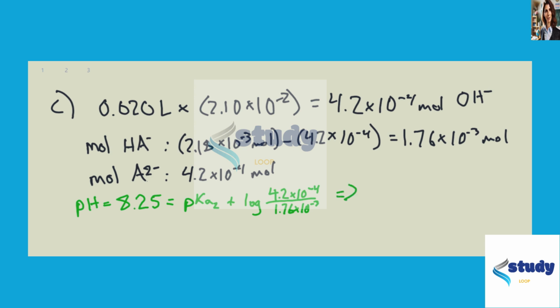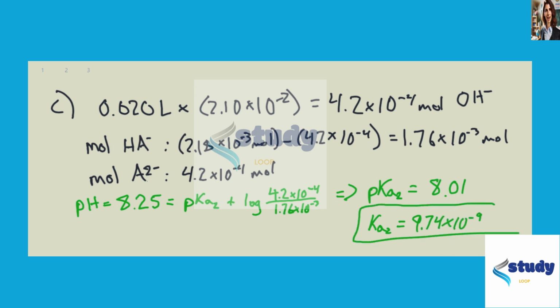And so when we do this calculation, we get pKa2 is equal to 8.01. And Ka2, which we calculate by taking the anti-log, is 9.74 times 10 to the minus 9. That's the value we have for Ka2.